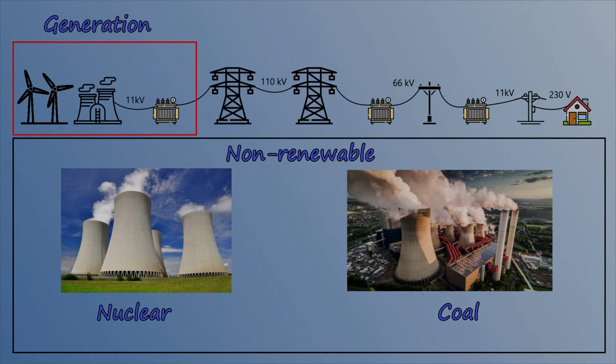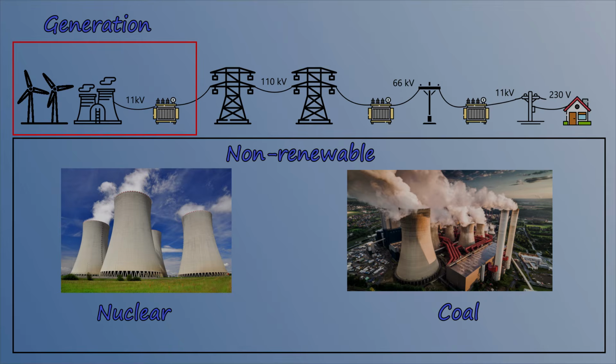Nuclear energy is produced by splitting atoms in a process called fission, which releases a tremendous amount of energy which is used to generate electricity. It's a powerful and efficient energy source, but comes with challenges like radioactive waste and the potential for accidents. Coal, on the other hand, is a fossil fuel that is burned to produce electricity.